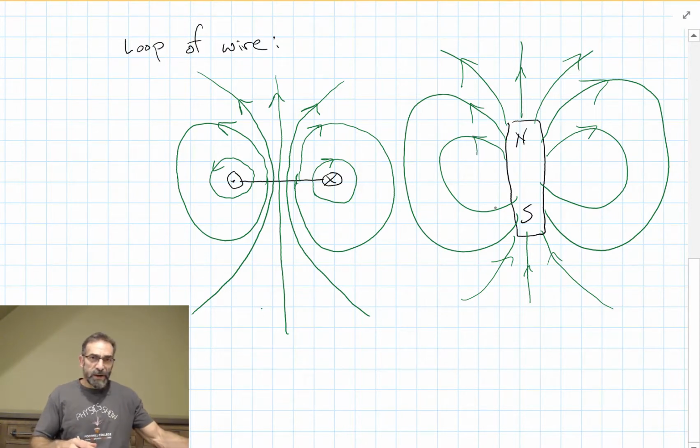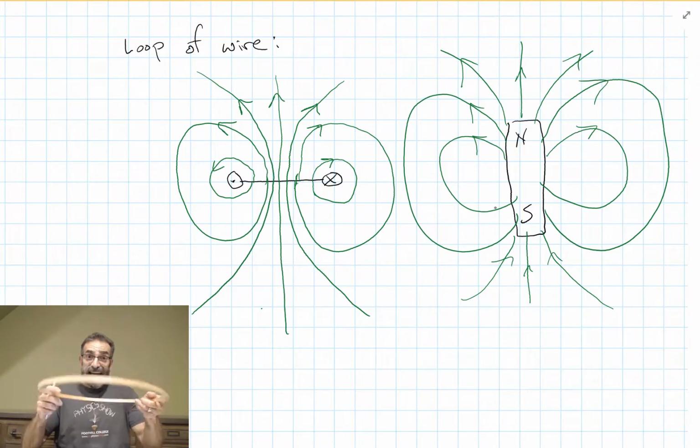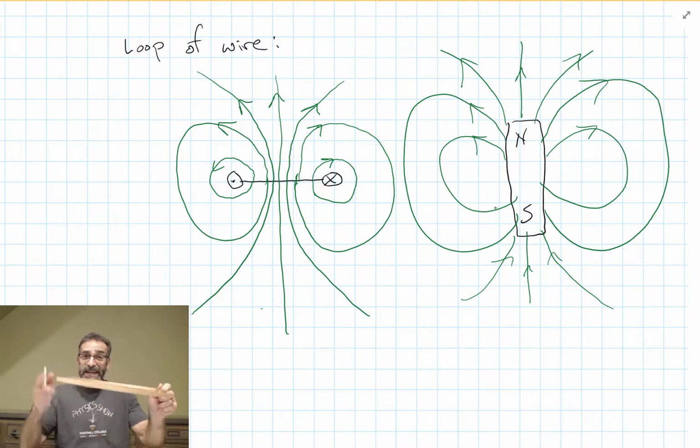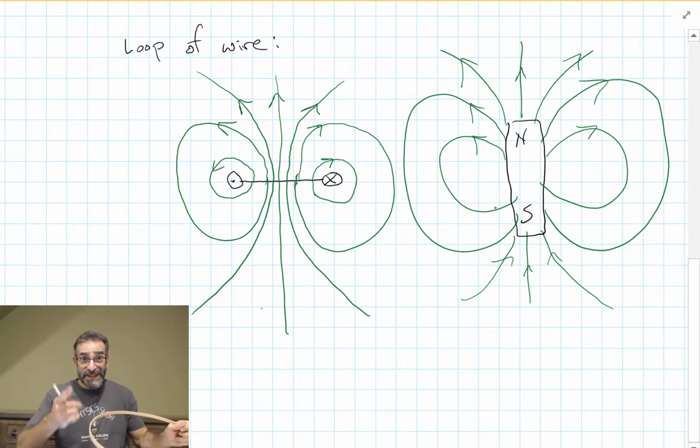So our loop of wire with a current flowing in it acts a lot like a permanent magnet. What do we call that? An electromagnet. We can turn a current on and make a magnet. The nice thing about it is you can turn the current off and the magnetism goes away, which comes in handy sometimes.